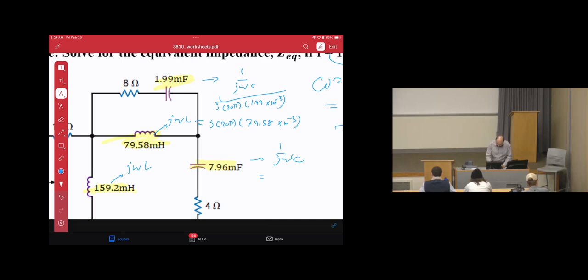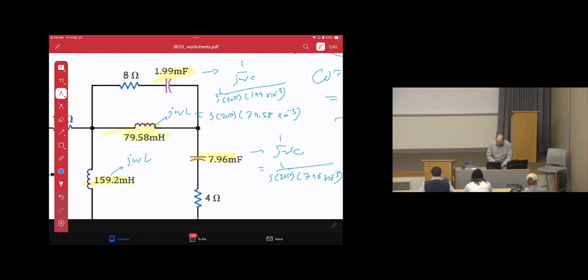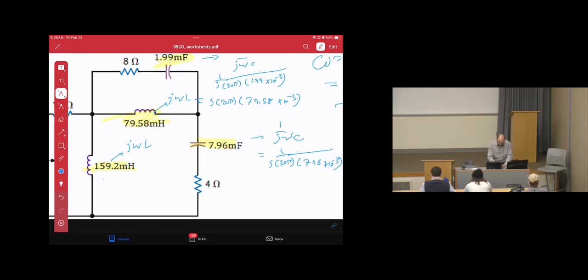Then for this capacitor, 1 over j omega C, 1 over j 20 pi times C, which is 7.96 times 10 to the power negative 3. For the other inductor, j omega L will be j times 20 pi times L, which is 159.2 times 10 to the power negative 3.